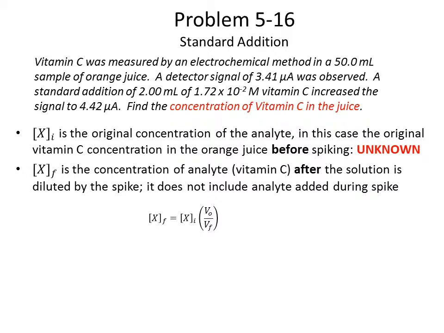It does not include analyte added during the spike. Therefore, Xf is equal to Xi times a dilution factor, V0 divided by Vf. Into this equation, we then insert the original volume of the sample of orange juice, 50.0 milliliters. And then we insert the final volume after the spike is added, 52.0 milliliters.